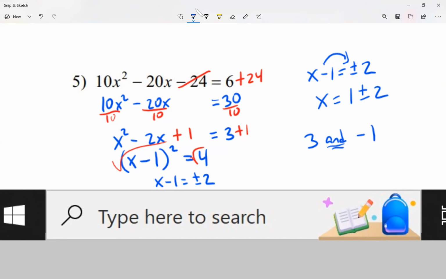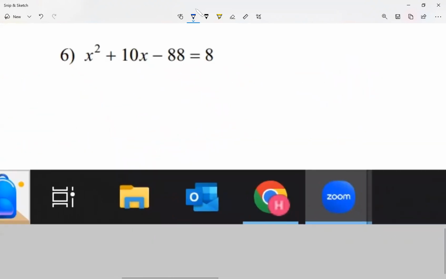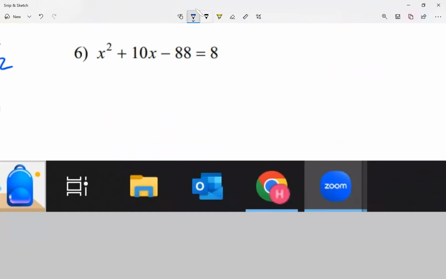Okay, let's take a look at one last example. The minus 88, I'm going to move it to this other side as a plus 88. So that gives me x squared plus 10x, let me leave a space in there, equals 96.